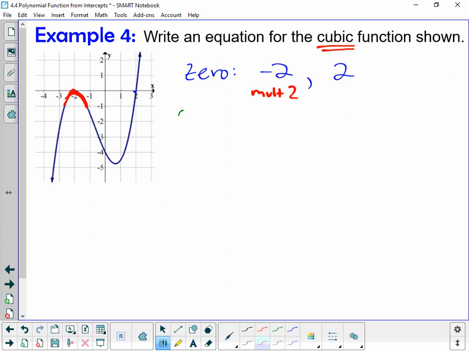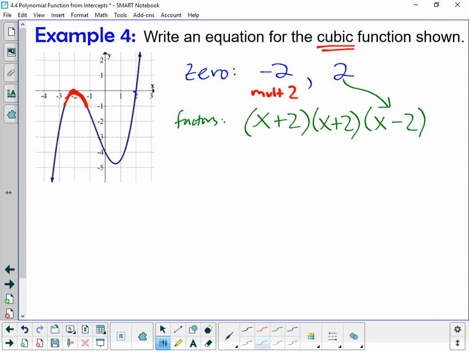So if we write the factors for the function, they're going to be x plus 2. That's having multiplicity 2. Sometimes I'll write that with a squared symbol, but I'm going to write it out this time. And the other one is x minus 2. The reason that I wrote it out is because I was thinking that these two would be much easier to multiply together first, and then we can multiply that result by that other x plus 2.